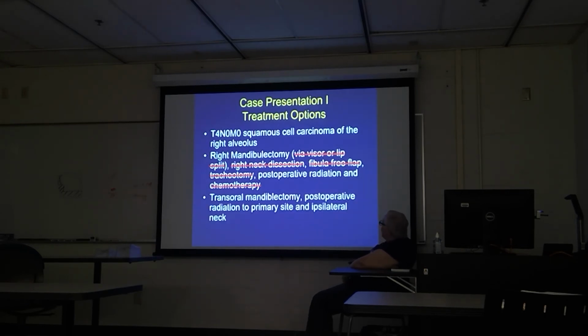So transoral mandibulectomy, post-op radiation to primary site and ipsilateral neck. So they're taking away the mandible, or part of the mandible, the right mandible. Transoral, so they're going in through the mouth. And then they're going to do post-op radiation to the primary site and ipsilateral neck. And ipsilateral means what?